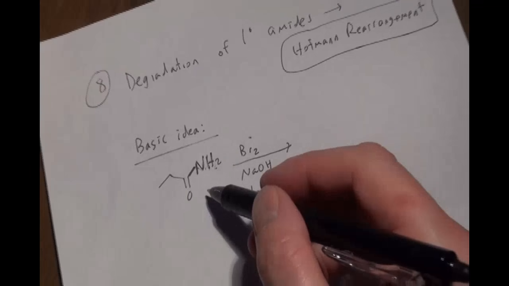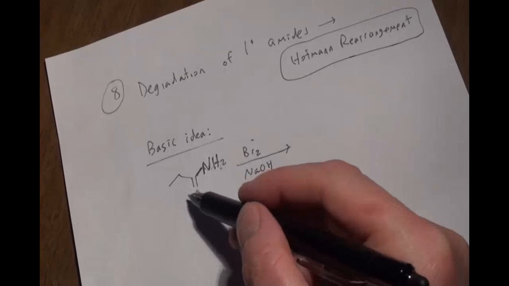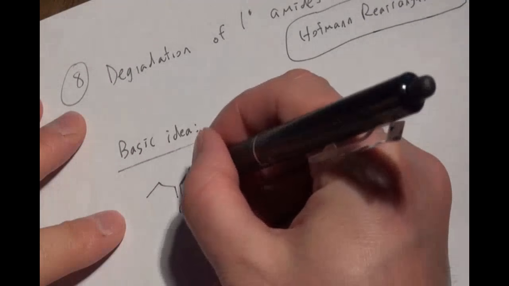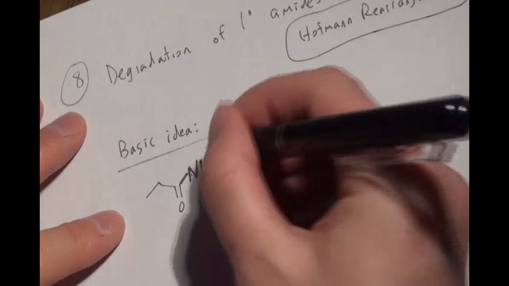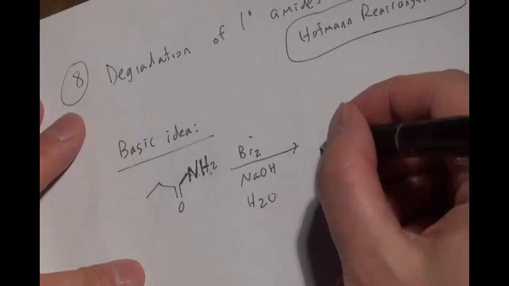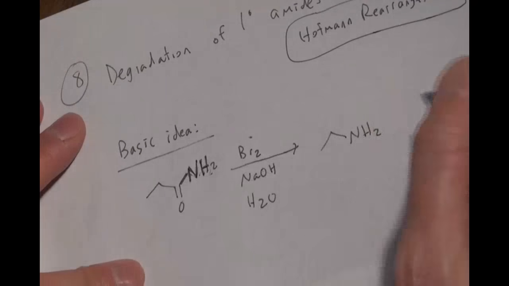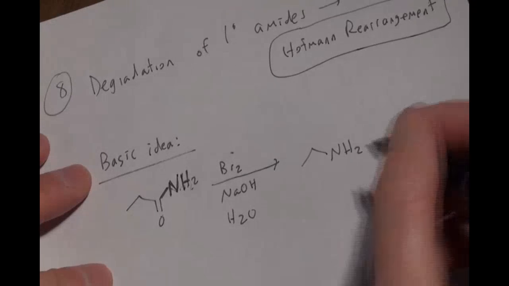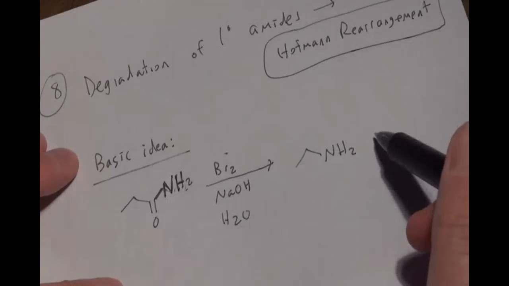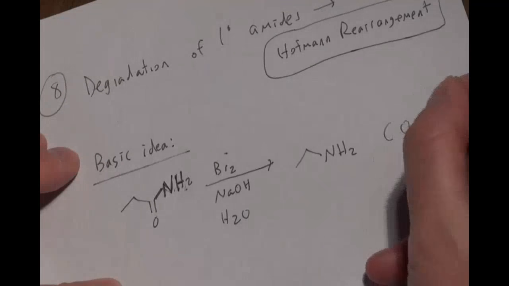Looks like we have 3, right? 1, 2, 3. We're going to lose a carbon and make a 2-carbon amine. That's weird. Right off the bat, that seems weird, right? How could you go from 3 carbons to 2 carbons? The other byproduct is CO2.